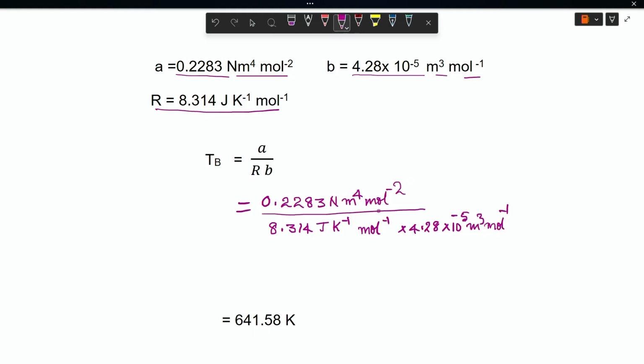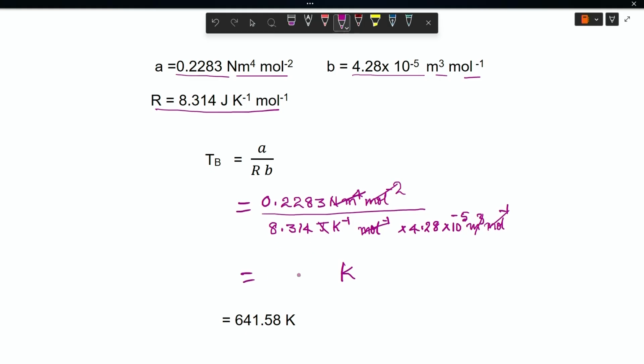Mole raised to minus 1 and mole raised to minus 1 get cancelled. Newtons per meter and joule get cancelled, and meter raised to minus 3 and newtons per meter and joules, they get cancelled. Finally, K raised to minus 1 goes to the numerator, so the answer will be in Kelvin.